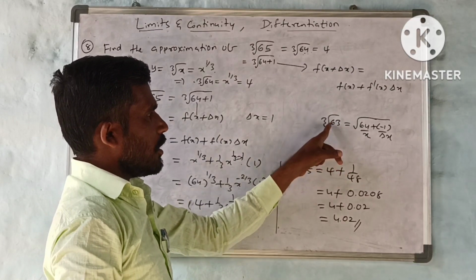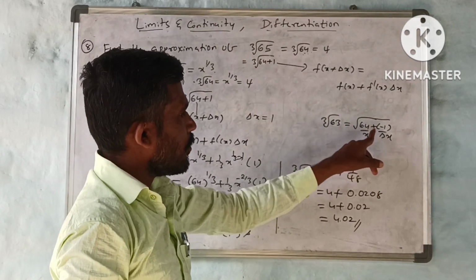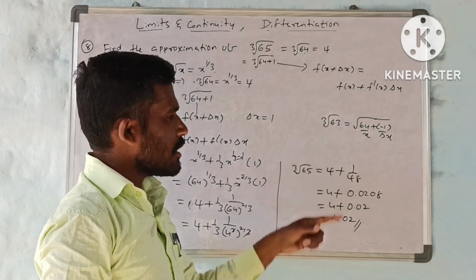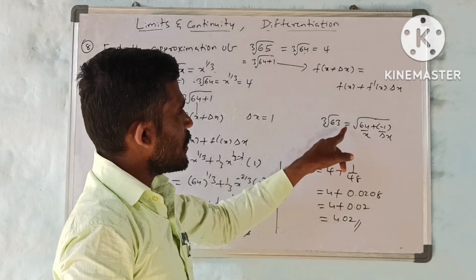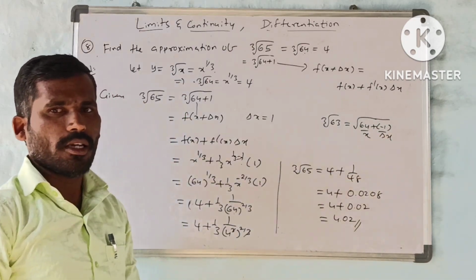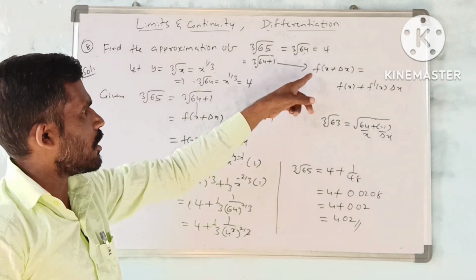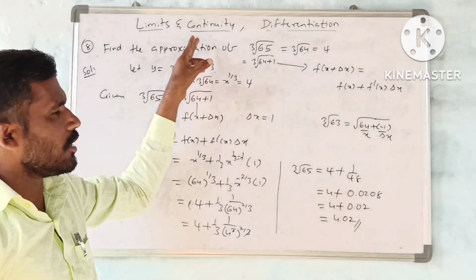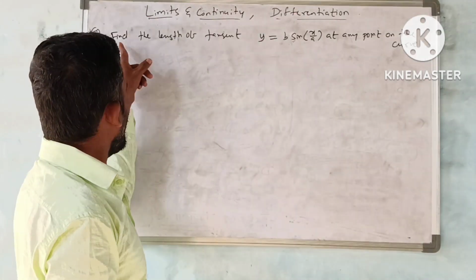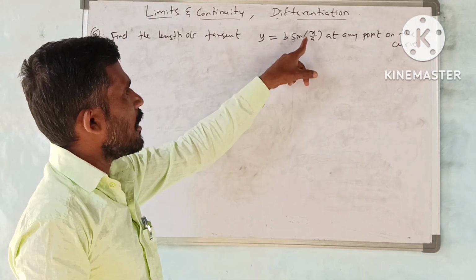Take a nearby value that gives an integer: if the number is less, delta x comes as minus, and if it is more, delta x comes as plus. For 67, that is 64 plus 3, so delta x value is 3. Like that you can solve any problem with the use of this formula to find the approximation.